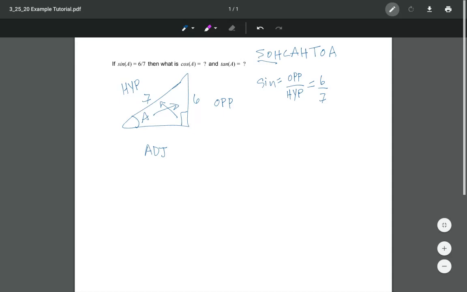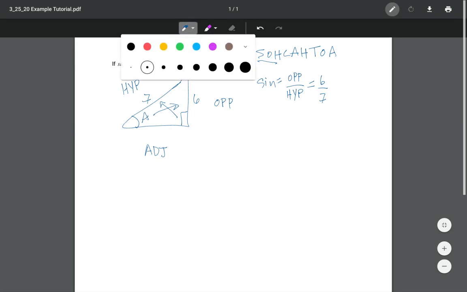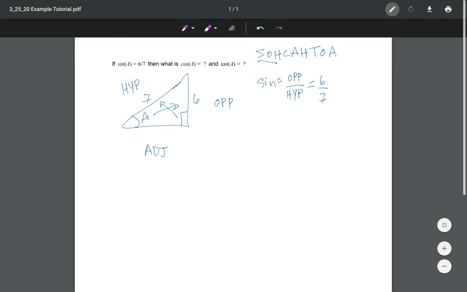When you have two sides of a right triangle, you can use the Pythagorean theorem to find the third side. So I'm going to go ahead and change colors here. When we're looking to find that side length, we're going to use the Pythagorean theorem, which if you recall is a squared plus b squared equals c squared.